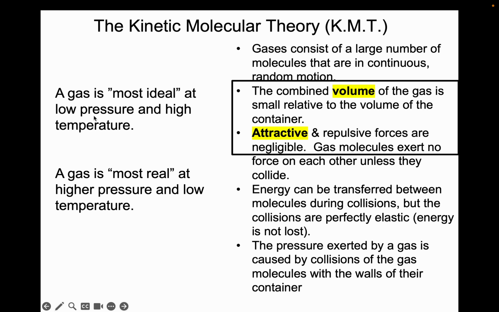It's when the gas pressure is low and the temperature is high, because under those conditions, the attractive forces are not present. Now, we could begin to deviate from that. A gas could behave more in a real rather than in an ideal sense if the pressure is high or the temperature is low. And that's something we'll explore later in the chapter.